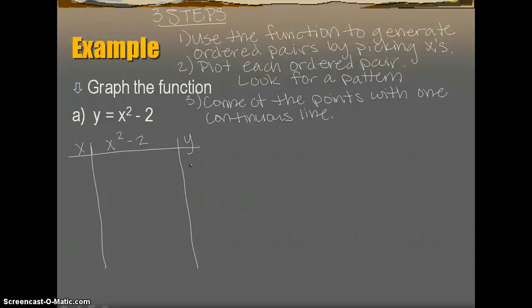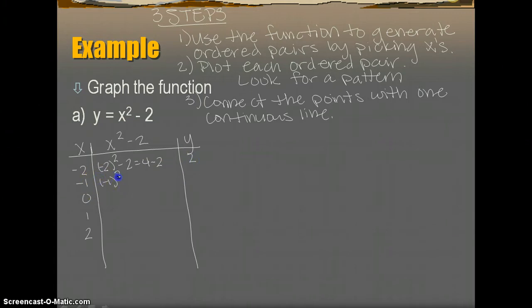So I'm going to use -2, -1, 0, 1, and 2. If I need to graph more or if I need more points, I can do so later. So if we plug in -2, you get -2 squared minus 2, which is 4 minus 2, so 2.